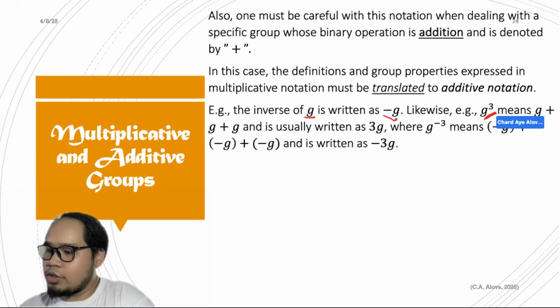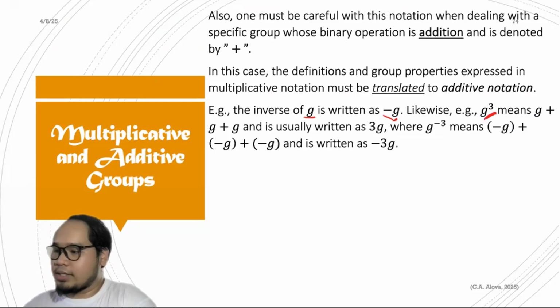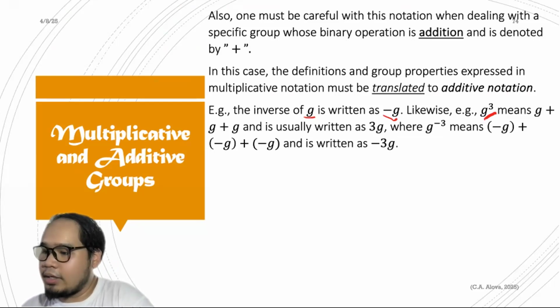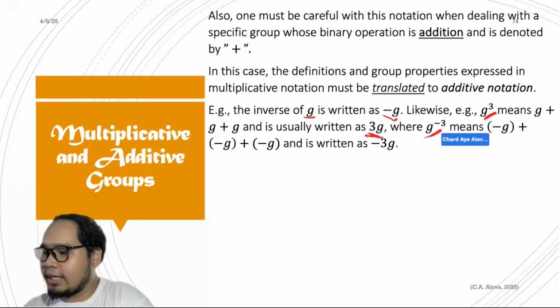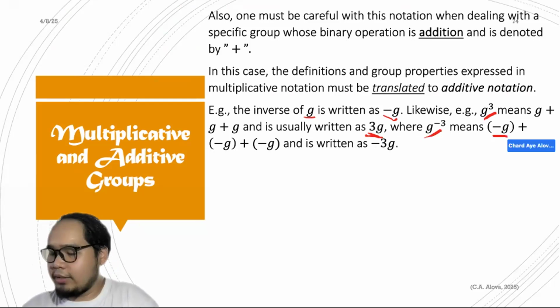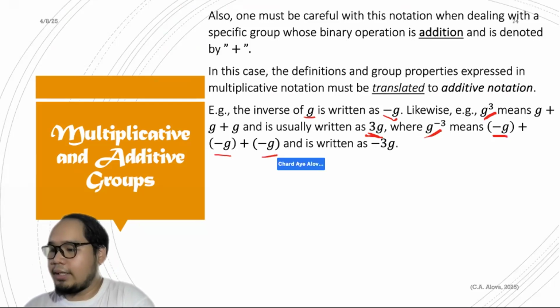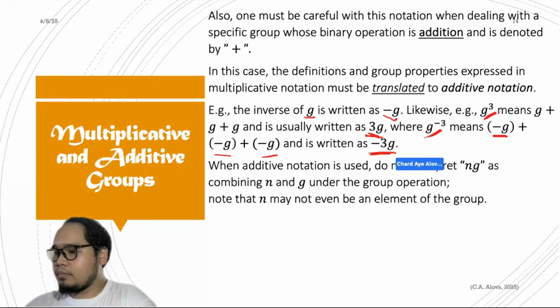G raised to 3 means g plus g plus g, meaning g is added 3 times, usually denoted by 3g, and g raised to -3 means -g plus -g plus -g.